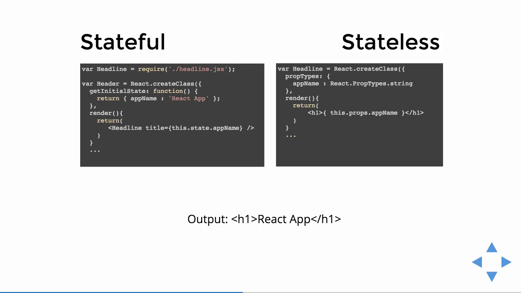So the output is only what you see here. The stateful component has a current state which can change over time, and the stateless components have their properties; once rendered, you have to render them again to change them.